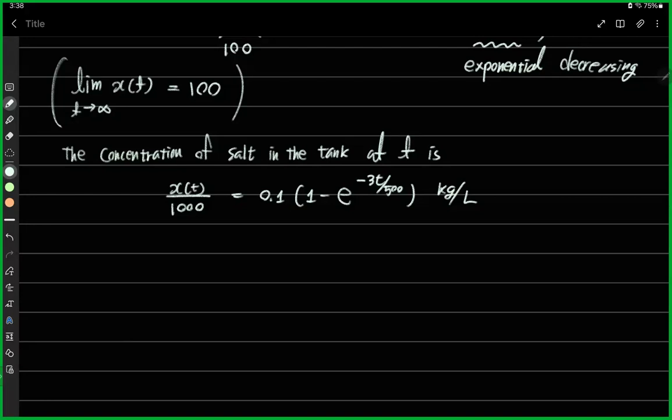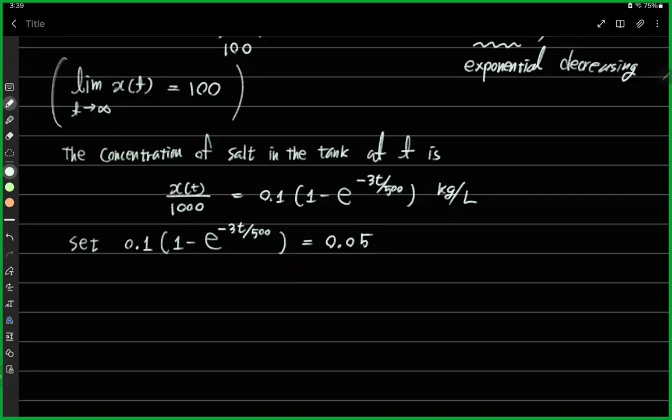So to find the time when the concentration reaches 0.05, we just set 0.1 times 1 minus e to the negative 3t over 500 equal to 0.05. Then solve this equation for time t.